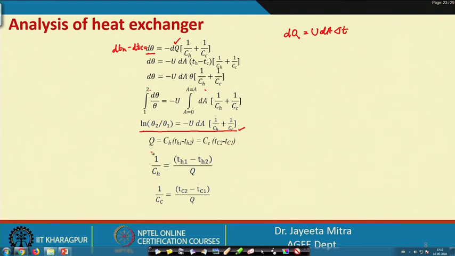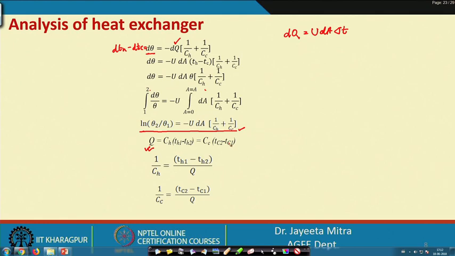Now, the total heat Q has been given by the hot fluid, that is Ch into (Th1 minus Th2). If we want to write the heat balance, that is equal to Cc into (Tc2 minus Tc1), because the heat the hot fluid has given is taken by the cold fluid.